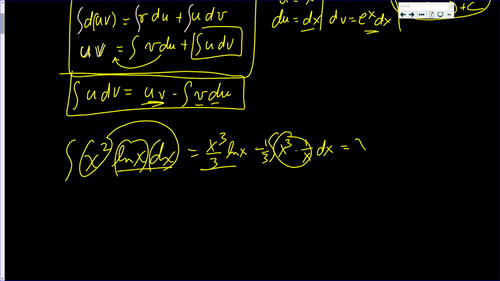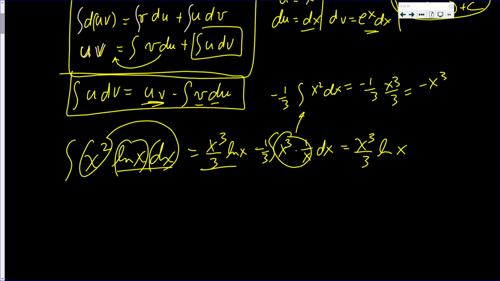This is already done. It's x cubed over 3 ln of x. This here is just the integral of x squared dx with the negative third in front. So we get x cubed over 3, which will become negative x cubed over 9 plus c.